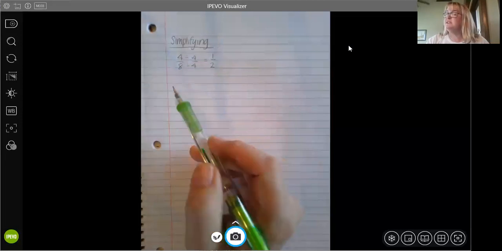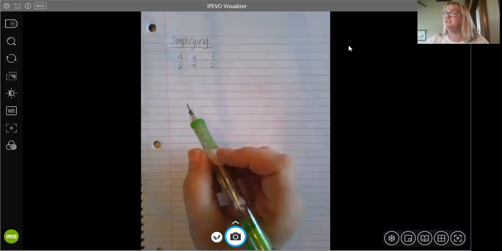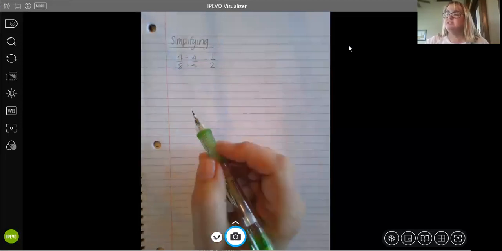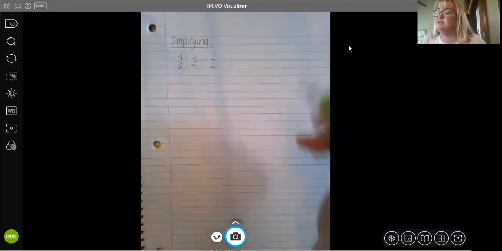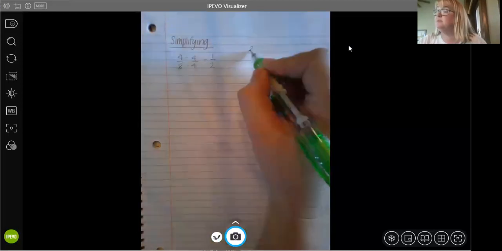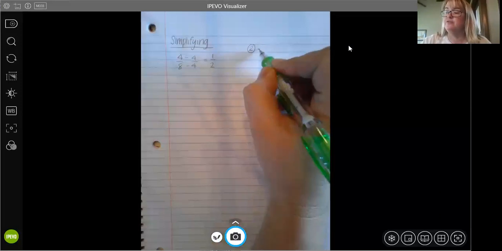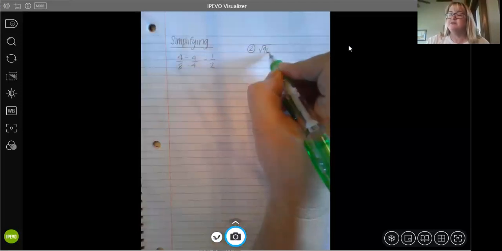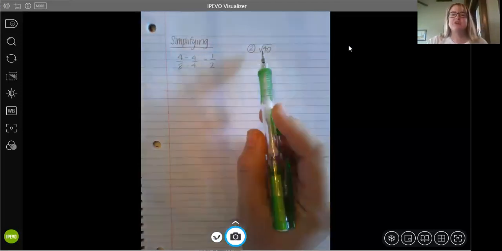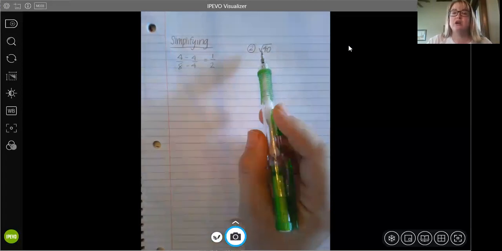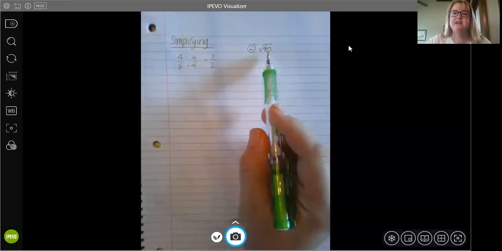So when we simplify radical expressions, we are simplifying something under a radical sign. So let's do 2 together. If I am simplifying the square root of 40, I am dealing with square roots. So what I am trying to do is factor out square numbers from this.